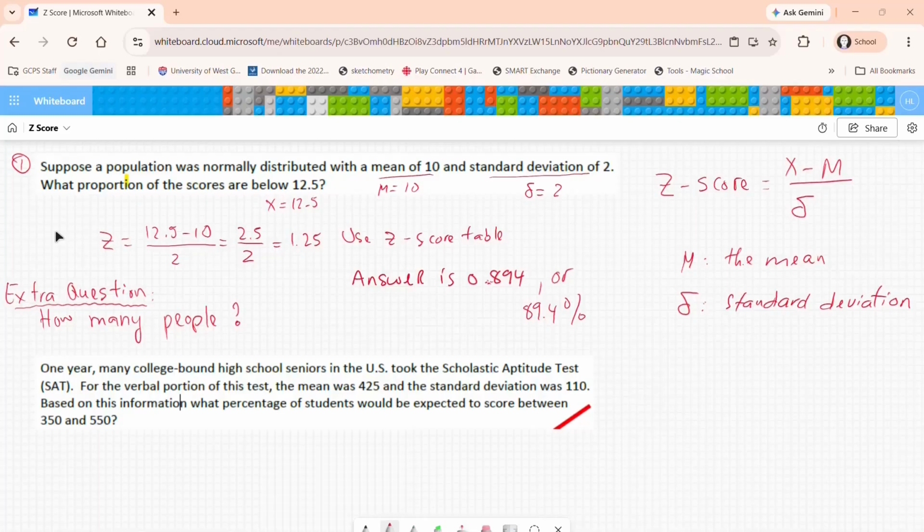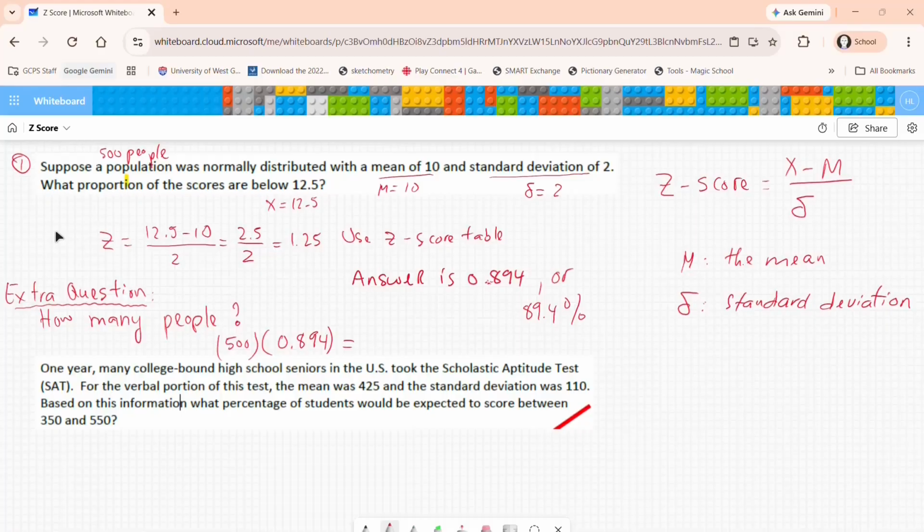Now an extra question: when they ask you how many people in the population, let's say the population is 500, for example. Let's say 500 people. So they're asking you, out of those 500 people, how many people are in this percentage doing whatever. Then this is what you do. You multiply 500 with the probability, with the decimal number.